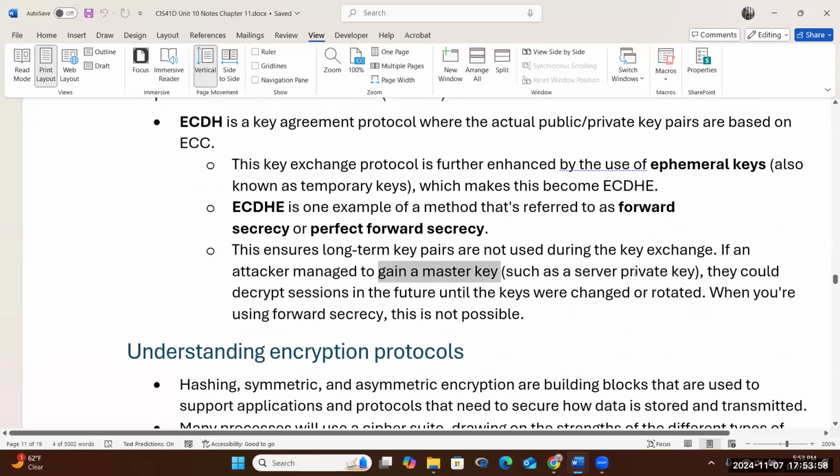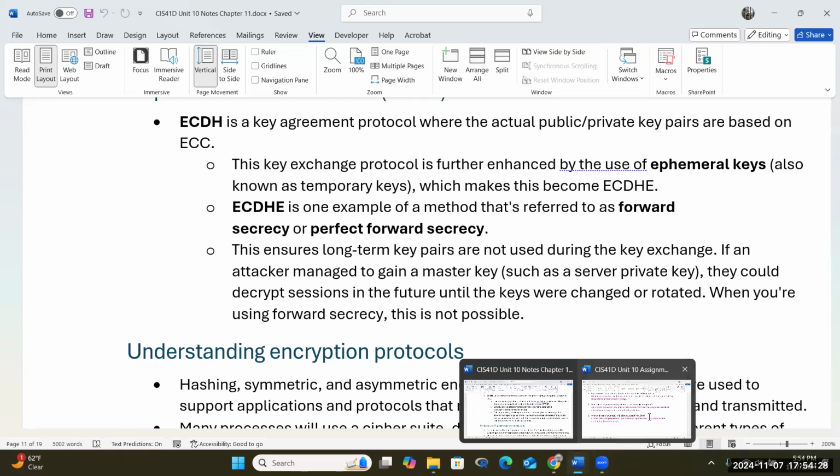So how you manage your key exchange is going to be the security behind this, for asymmetric key encryption, or even symmetric, right? Like I mentioned earlier. But with this particular one, if you can gain access to the master key, you will be able to decrypt the session. So keys should be changed and rotated.